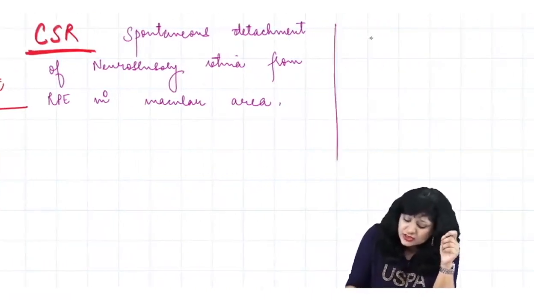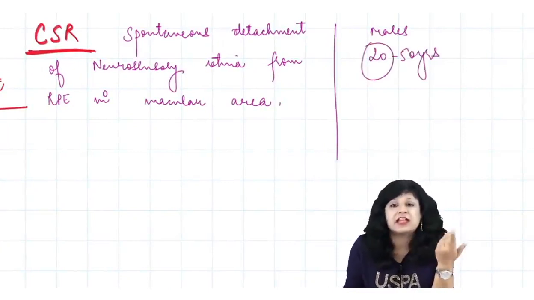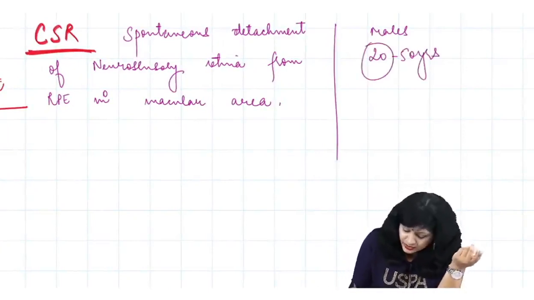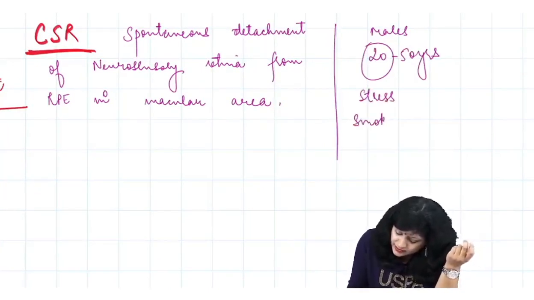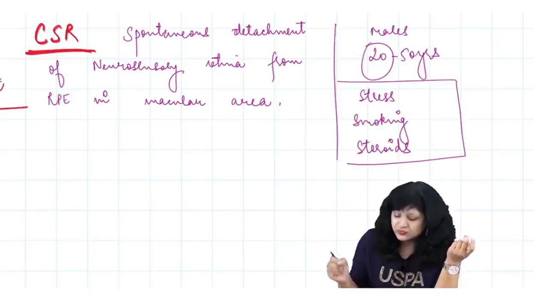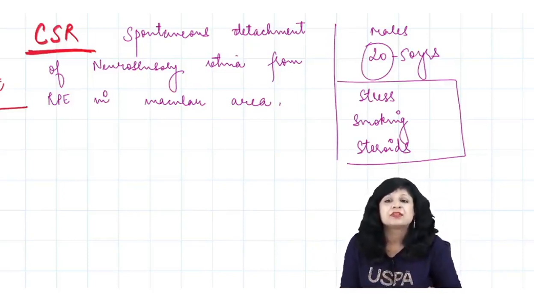This condition is more common in males 20 to 50 years of age. So if I say 20 years, that would be a young age. Then stress, then smoking, and then the steroids. 3S. I always teach this to you in class. There are 3S which are responsible for the CSR, high risk factors: stress, smoking, steroids, right?